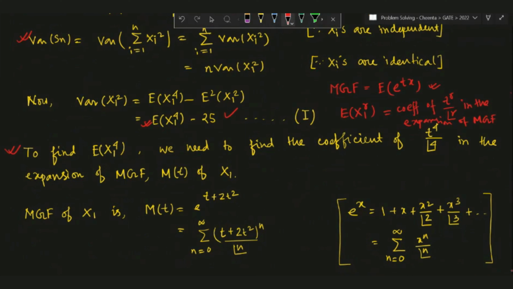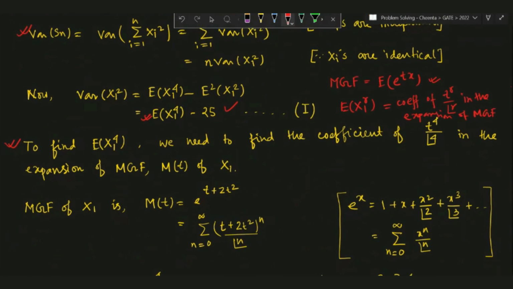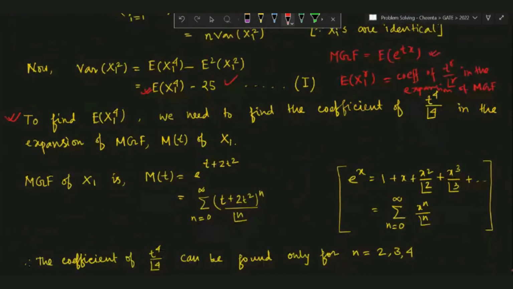To find the expectation of X1 to the power 4, we write the MGF of X1 as M(t) equal to e to the power t plus 2t square, because for normal mu sigma square, the MGF is the expectation of e to the power tX, which equals e to the power mu t plus half t square sigma square.